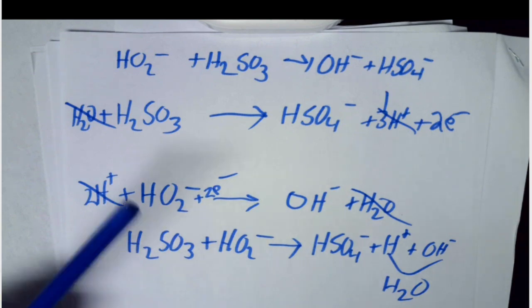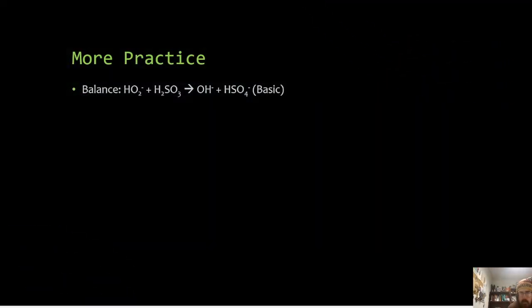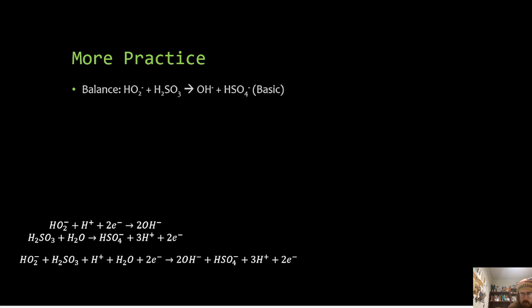That's our net reaction. It's kind of a little weird one, but it works its way out. We don't actually see this being basic, even though it is under basic conditions.